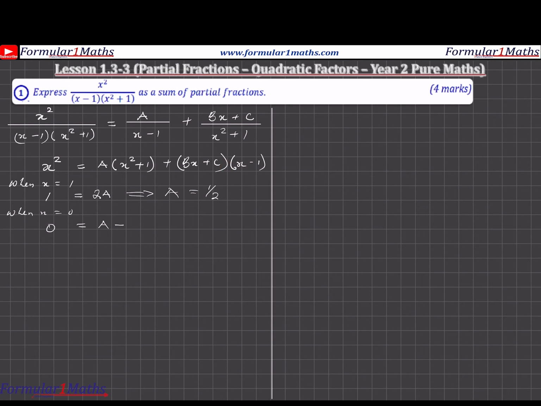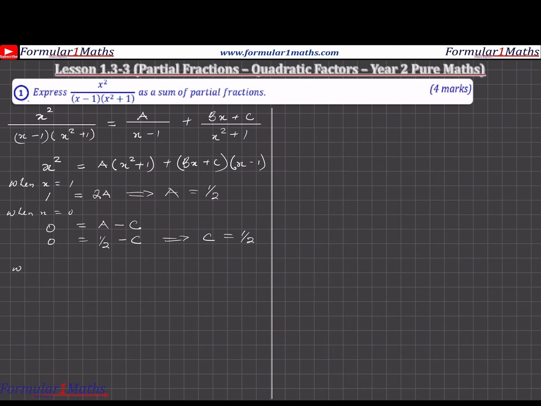But I know the value of a, which is half, so I have 0 equals half minus c, which implies that c equals half. Now choose another value for x.